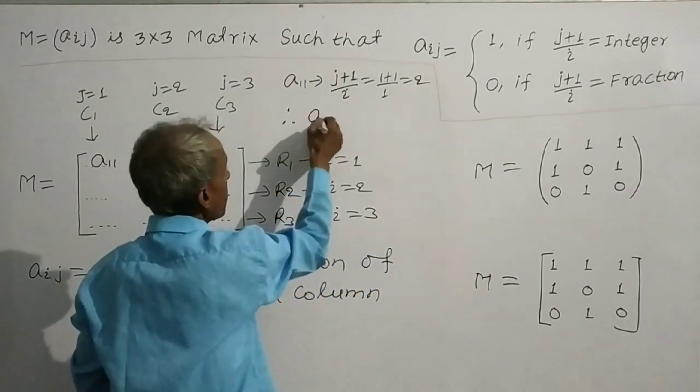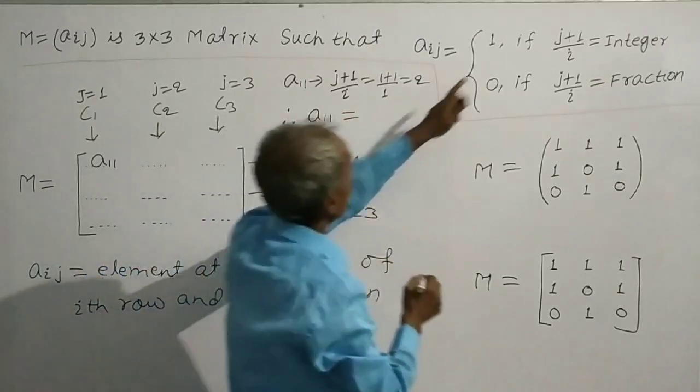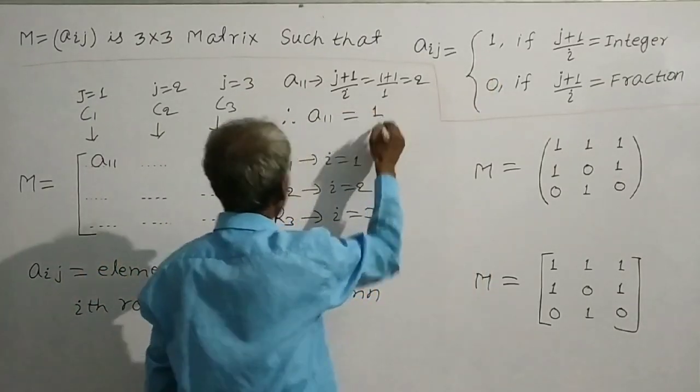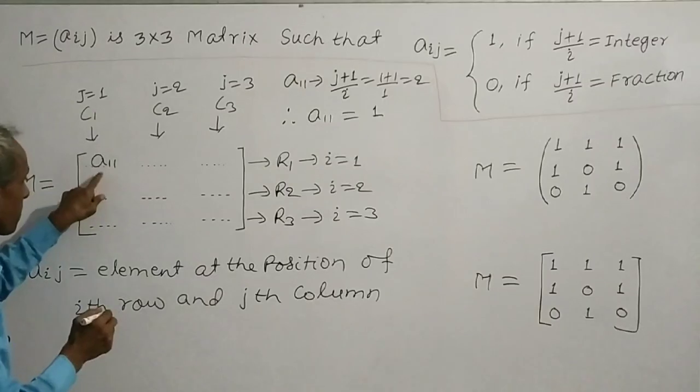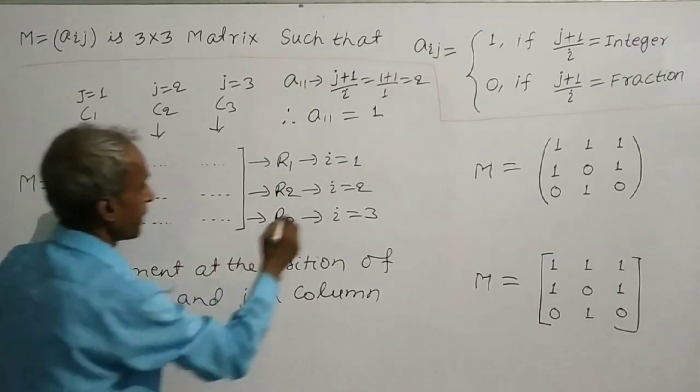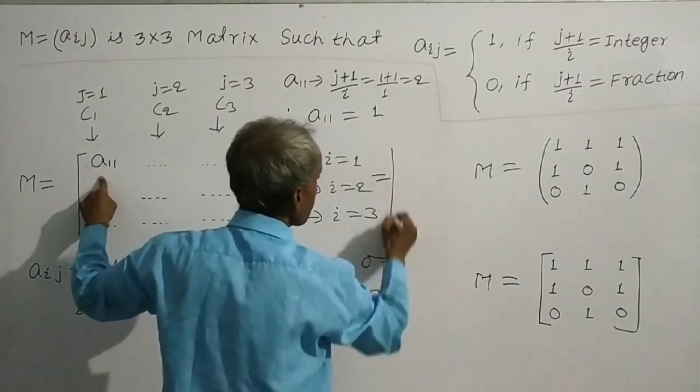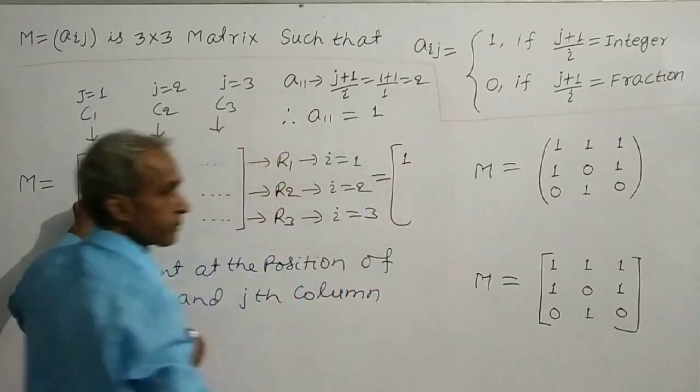Therefore, A11 will be equal to 1. Therefore, the number at this position will be 1.